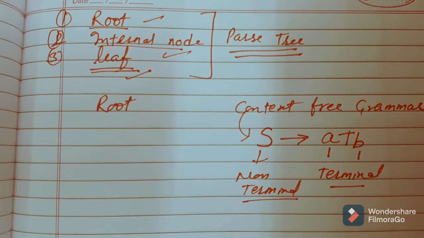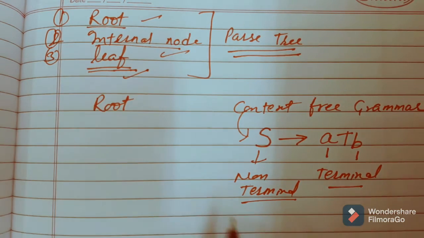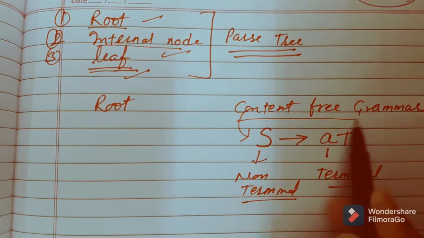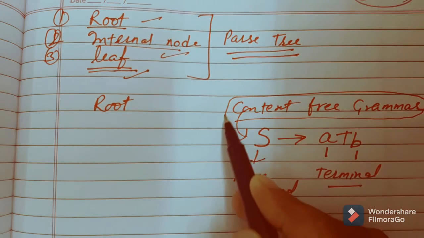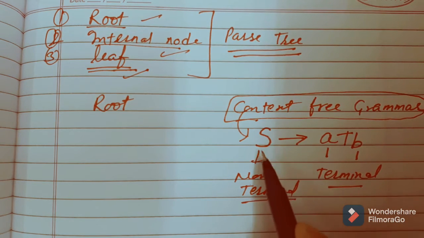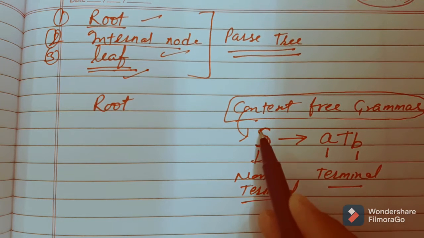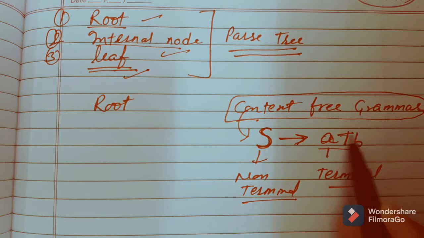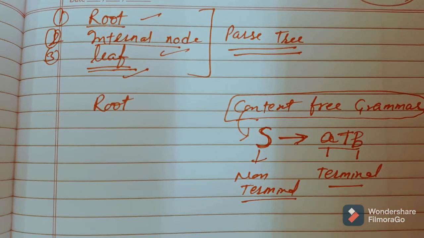Clear? Now, as I told earlier, we use context free grammar in the second phase. Here I have written one production rule, that is capital S. These are the non-terminals, and the right hand side uses terminal as well as non-terminal.